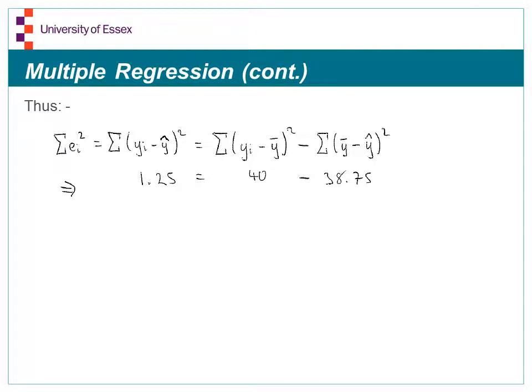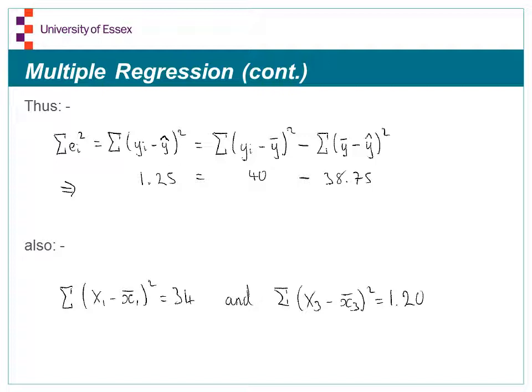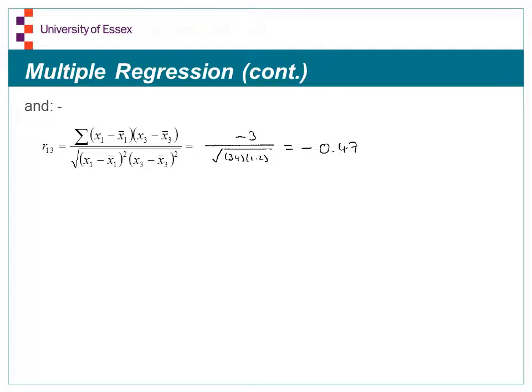We can similarly work out the other parts of the model that we're interested in, so I can work out the differences between x and x bars and sum them up for my different x bar values, and I can find the other missing parts from the model, which in this case is the r13, so the correlation between x1 and x3, and I can get a goodness of fit value for these points as well.